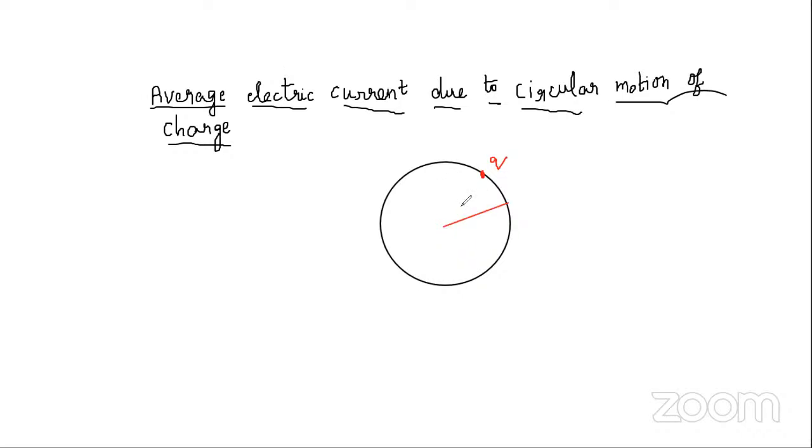This is small r. So the charge is moving in a circular path like this, and the linear velocity of this charge can be taken as v.